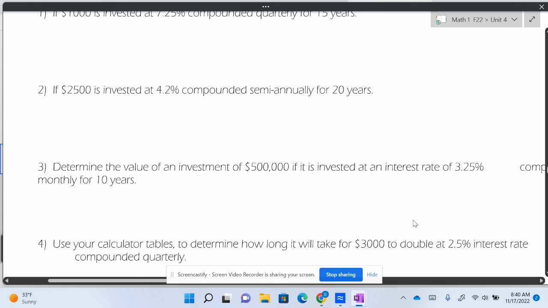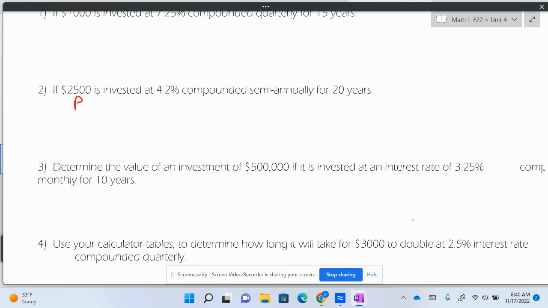So $2,500 is P. This is my R, 0.042. Compounded semi-annually, that means N is 2, time is 20 years. So 2,500 times the quantity 1 plus 0.042 divided by 2, all to the power of 2 times 20, which is 40.